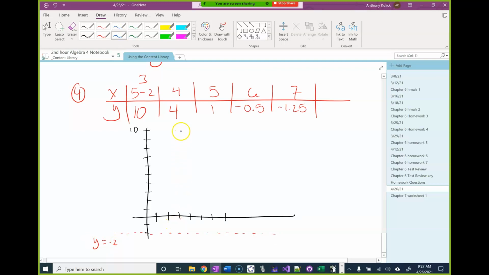So 3, 10. 4, 4. 5, 1. 6, -0.5, and then 7, -1.25. So here I'll just go through my points and then follow the asymptote. Notice here on the decay graph, rather than starting by following the asymptote, we end by following the asymptote. Should be pretty obvious, though, based on where the points are, what you'd want to do with that, right?